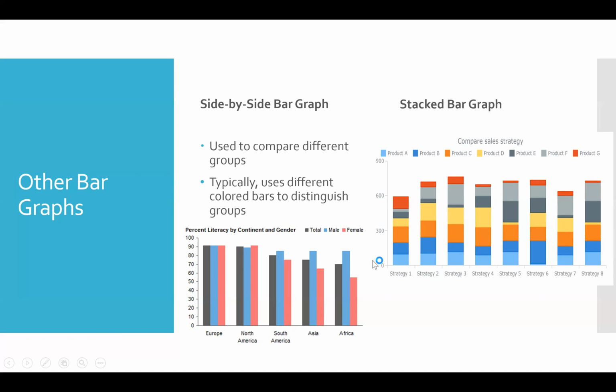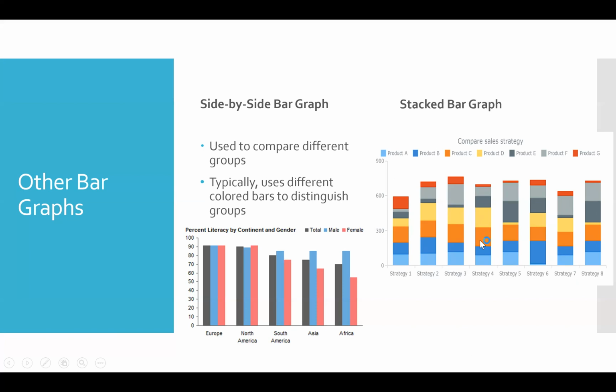I have to assume it represents sales. So if I'm looking at this, it looks like strategy 6 works best for product B. It looks like strategy 1 works best for product G. But again, it's a little bit harder to read, in my opinion, in the stacked format.